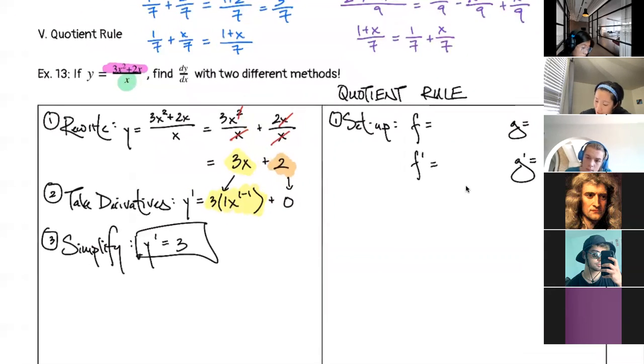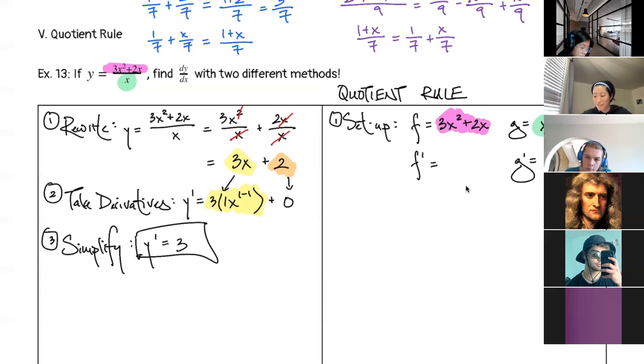F is the top, 3x squared plus 2x, and G is the bottom, which is X. We just got those as the top and the bottom of our initial question, okay?